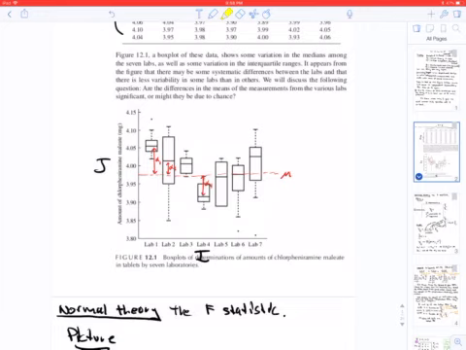If you look at the middle line here, you see that their position varies. So basically the spread of these treatment means from the total mean, that is the sum of squares between.